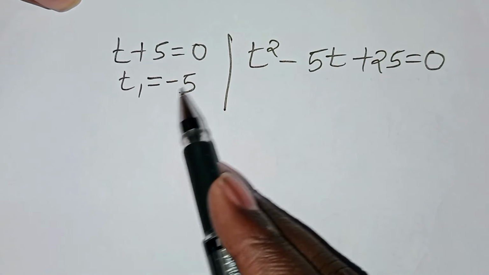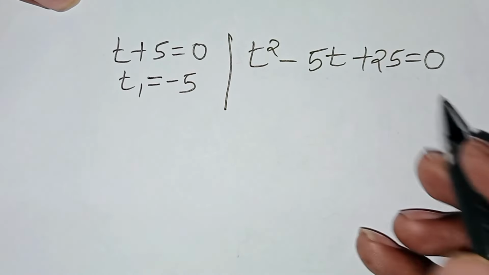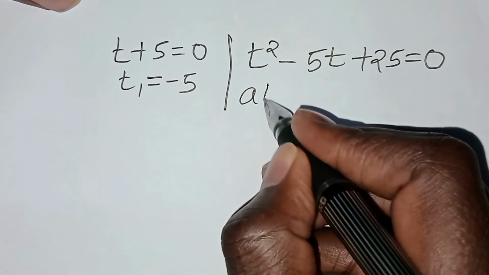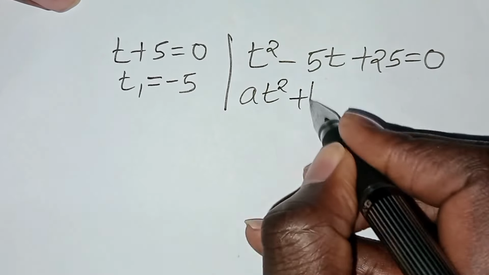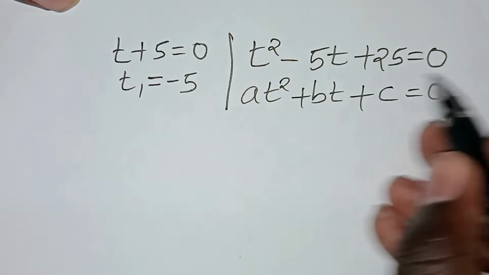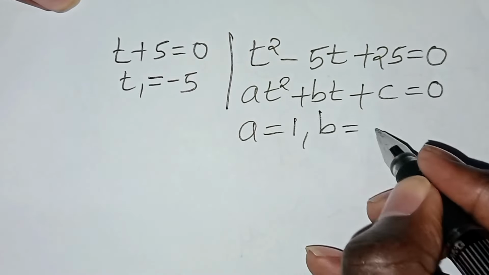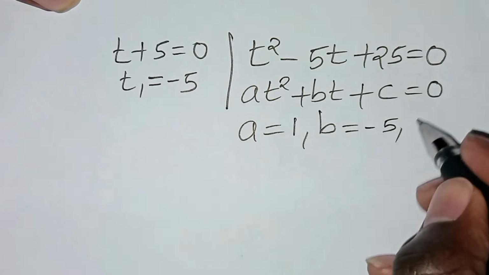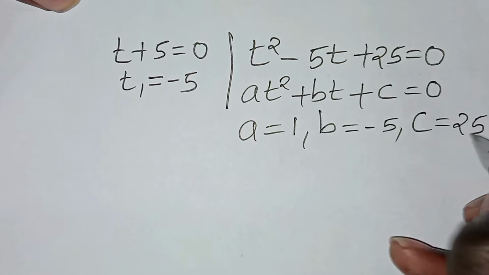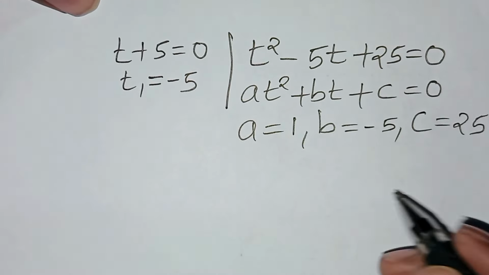The second part is a quadratic equation of the form at squared plus bt plus c equal to 0. From this quadratic equation, a is equal to 1, b is equal to minus 5, and c is equal to 25. Now to solve this quadratic equation, we apply the quadratic formula.